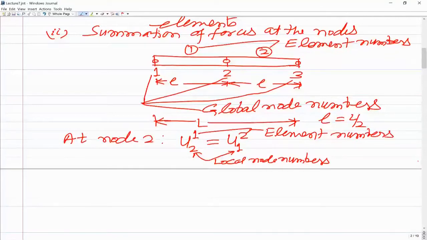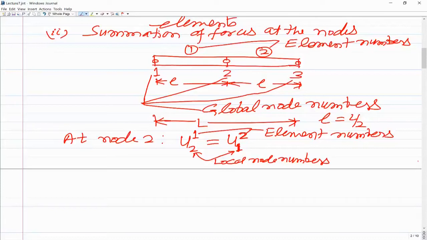So u2 from the first element should be equal to u from the second element, because node 2 is the first node of the second element. That is why the 1 is coming here, and then the element 2. These two displacements must be the same. Because u is a primary variable, it should be continuous across the elements, so you will have to make sure that these u values are the same.